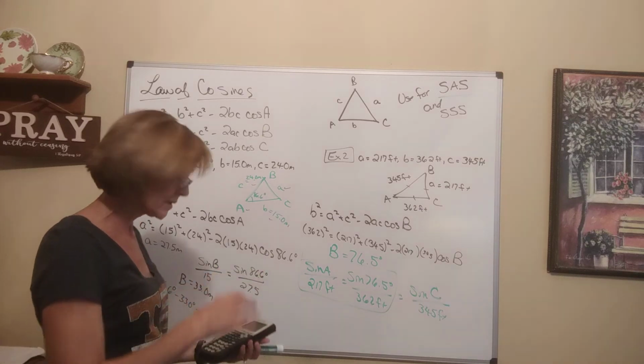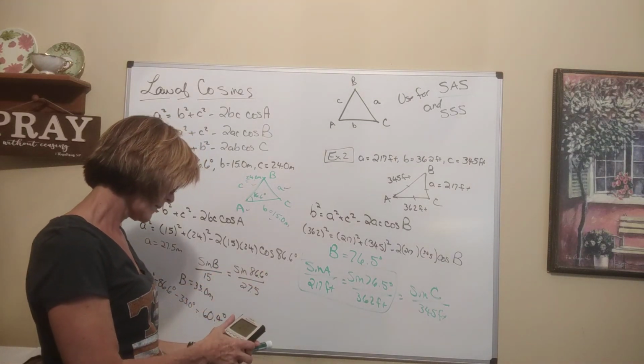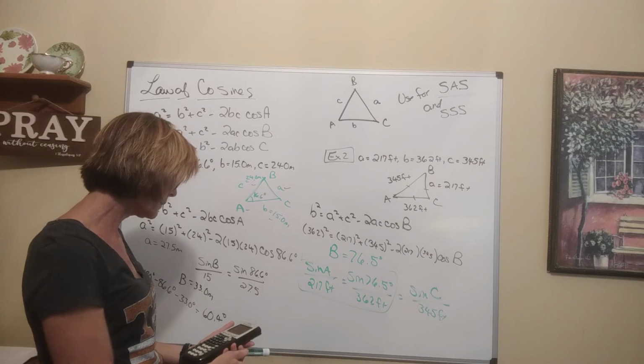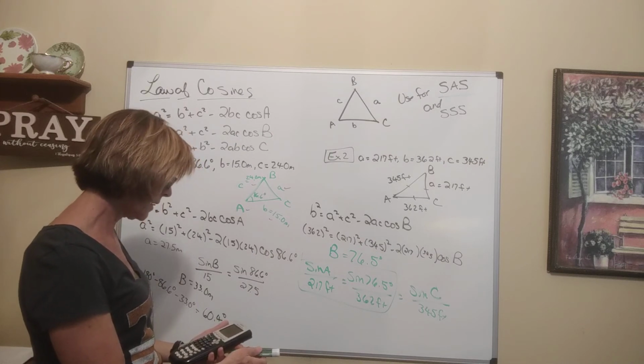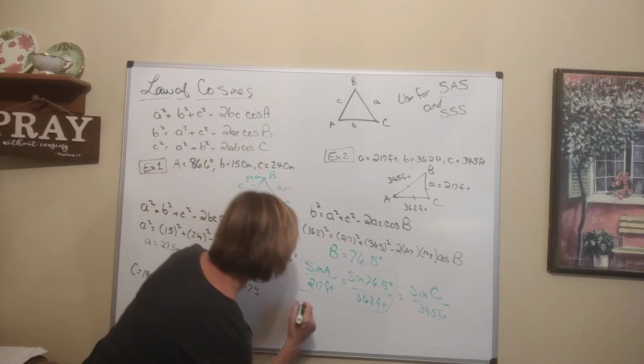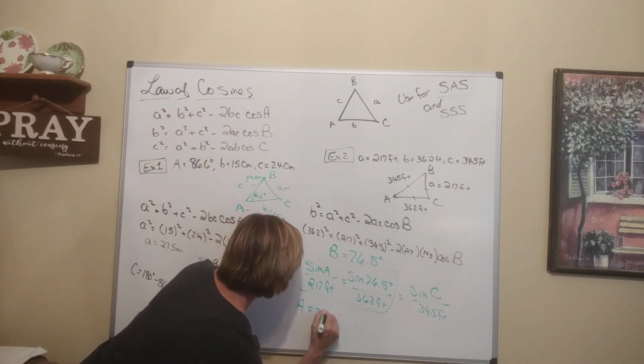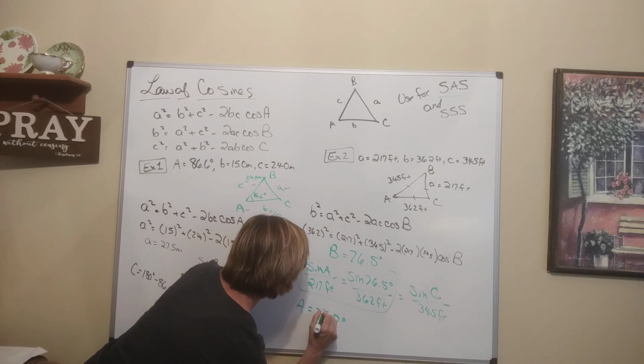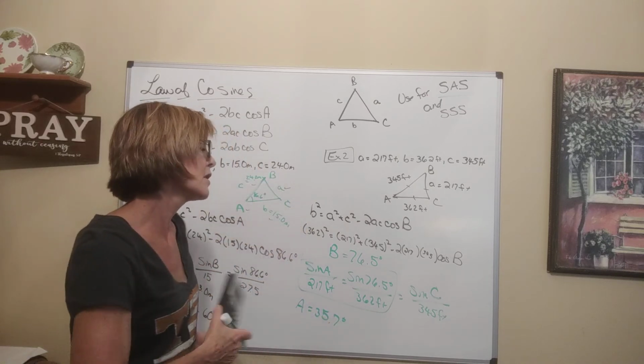Now I'm going to take the inverse sine of that, and it gives me that angle A is equal to 35.7 when I round. All right, so now I need to go find C.